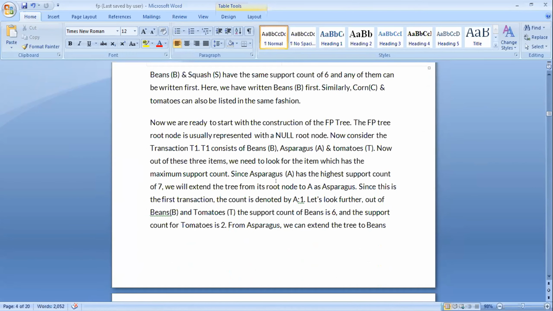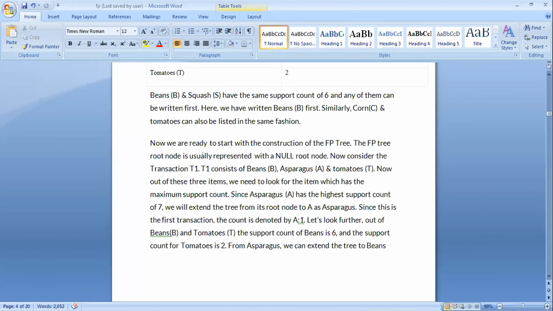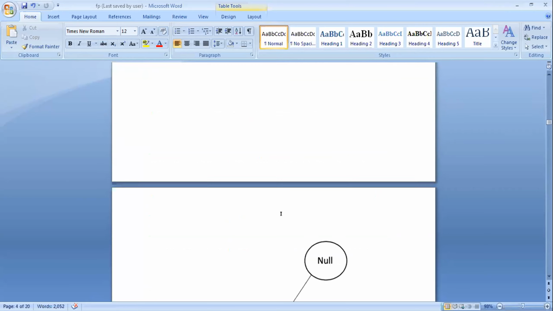Now, using this data, I want to create a frequent pattern tree. First I want to create the structure.